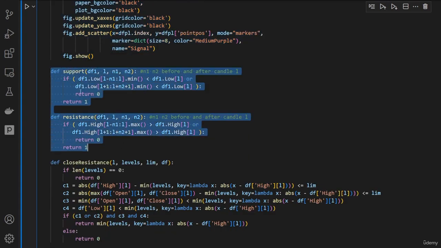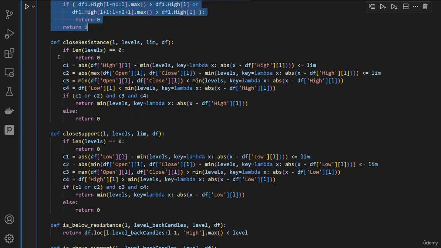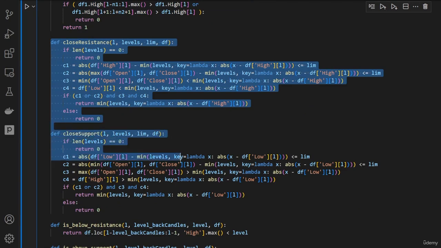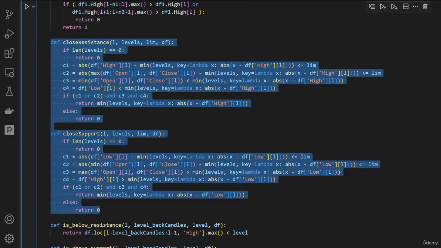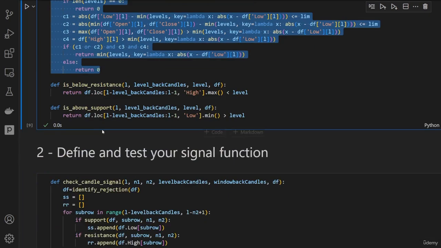So these are used to detect the support and resistance levels. And we have two other functions called close to resistance and close support. This is where we're going to test. We're going to use these functions to test if we are close enough or a candle is close enough within a certain threshold to a resistance level or to a support level.